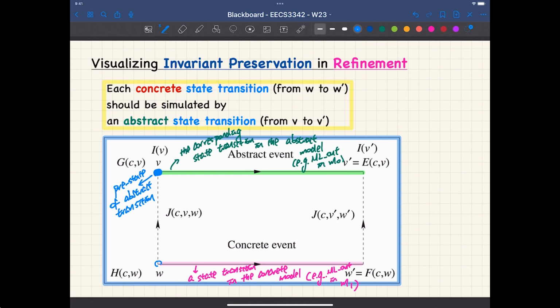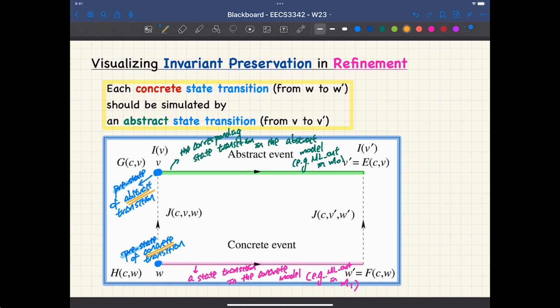And this state over here is also the pre-states, but it is the pre-state of the concrete transition. Of course you're going to notice they're both pre-states. But one is about concrete, the other one is abstract. Abstract here, and concrete over here.